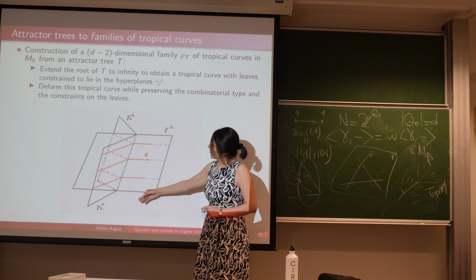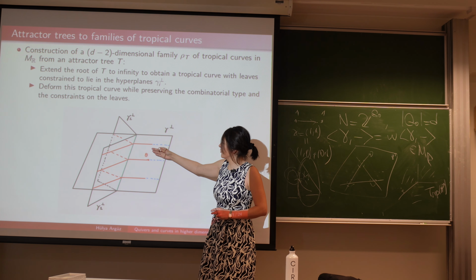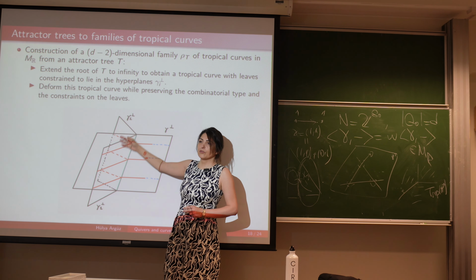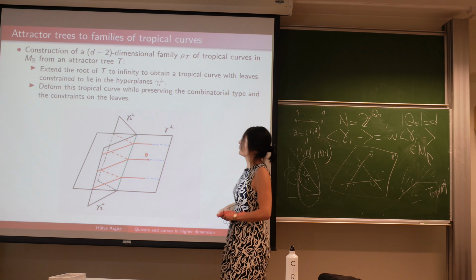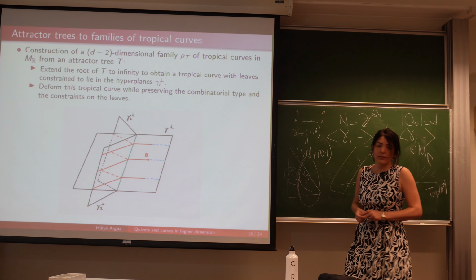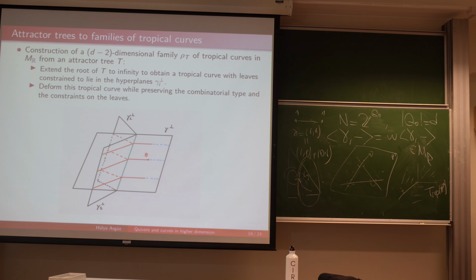And you can deform these trees if you vary your theta inside your gamma perp. What you get will be exactly d-2 dimensional families of tropical curves. And so we obtain such families of tropical curves of the correct dimension by deforming the attractor trees.